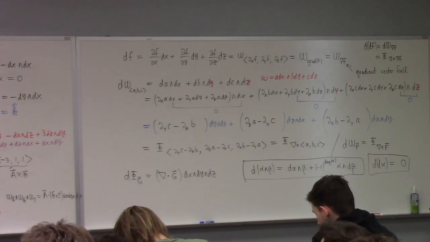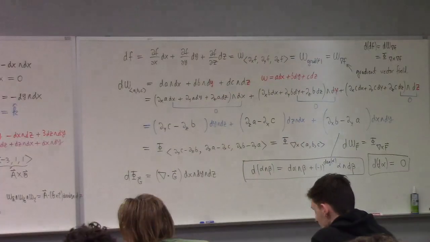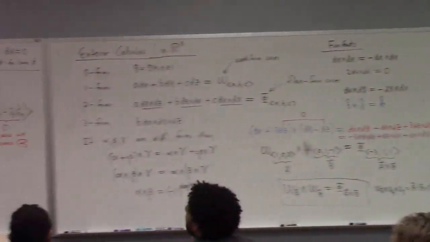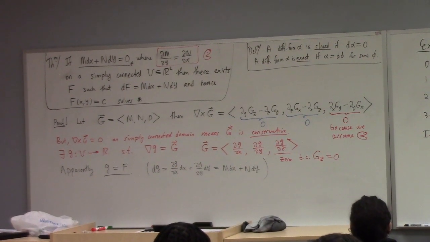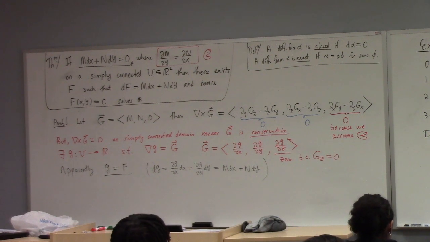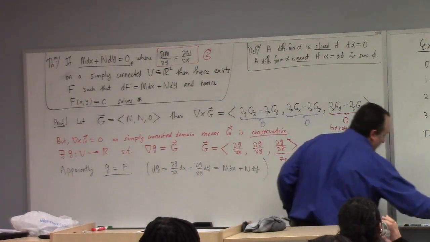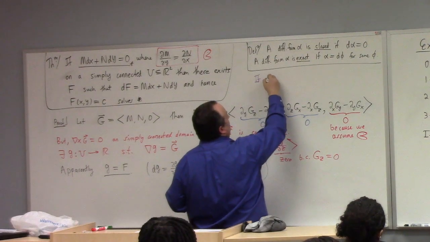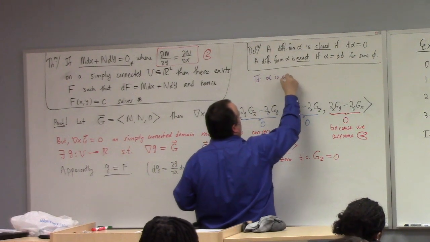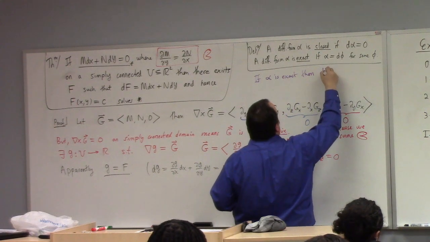So think about this. Since d squared is equal to 0, what's that tell us about exact forms? There's a theorem to say here, right? If alpha is exact, then d alpha is what?